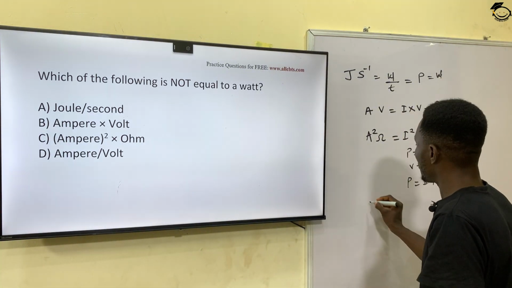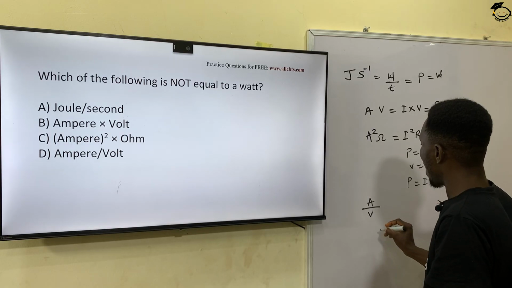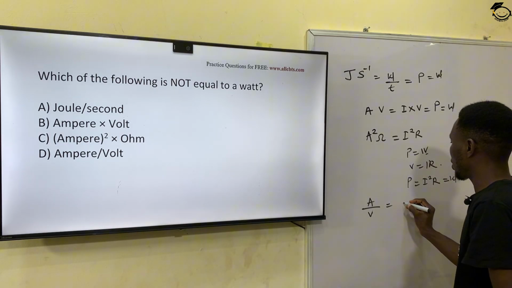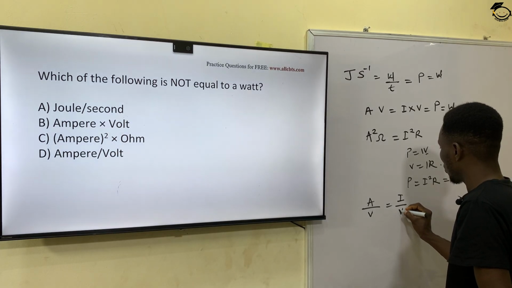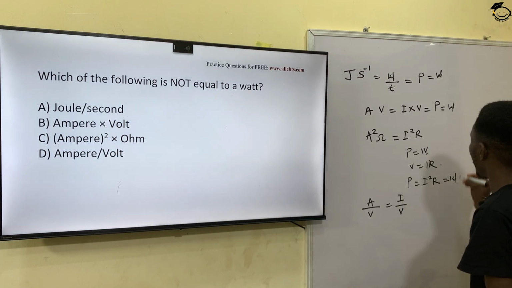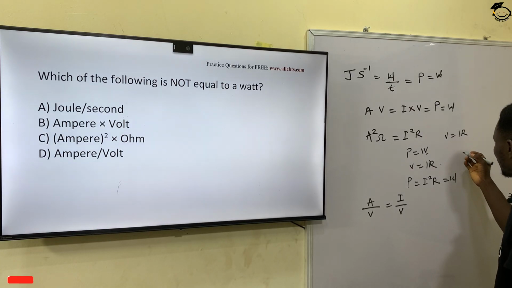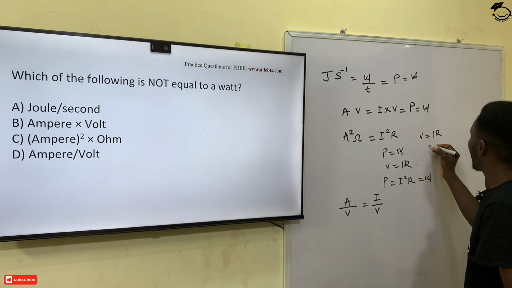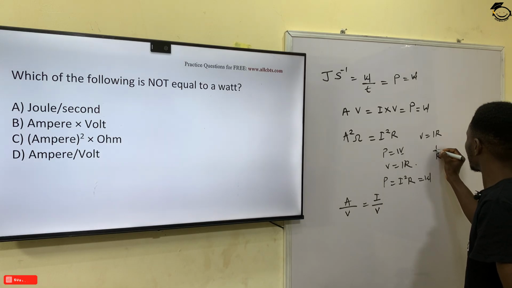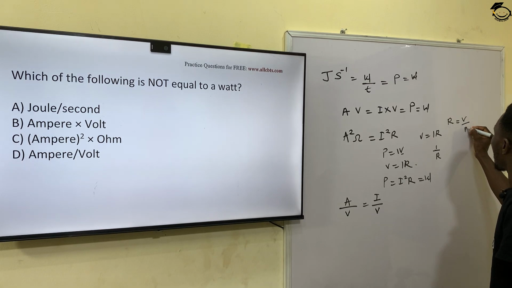Then I have ampere per volt. Ampere per volt is simply current over voltage. And we know that V is equal to IR. So current over voltage is like saying the reciprocal of resistance, because resistance gives me voltage over current.